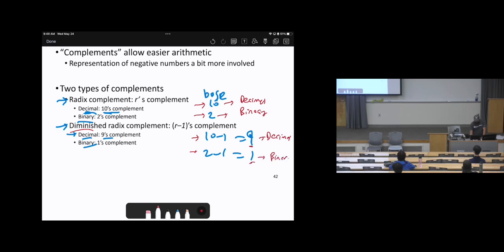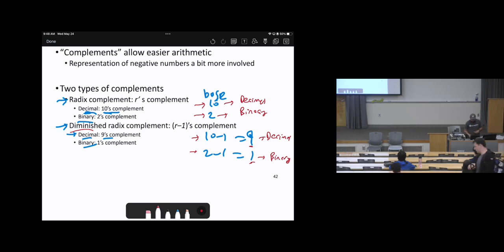Why is it called tens complement? Because decimal is base 10. Why is it called nines complement? Because 10 minus 1 is 9. For the binary, the base is 2, so we have twos complement and ones complement.